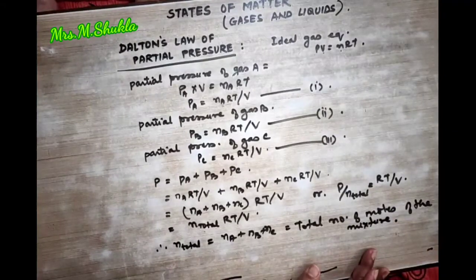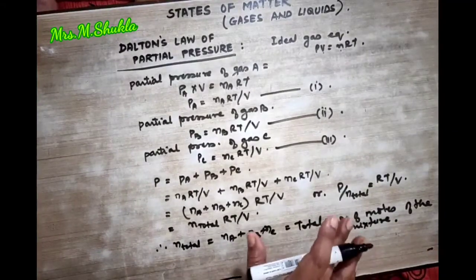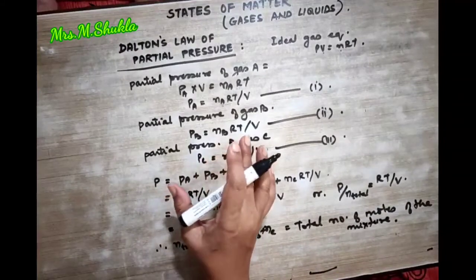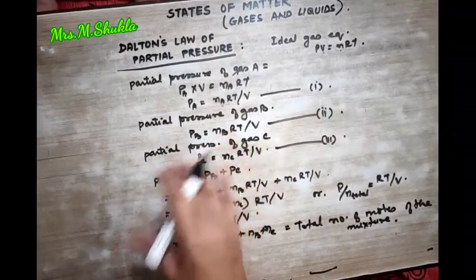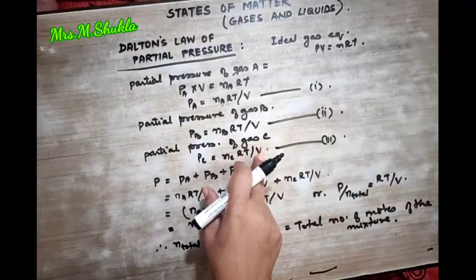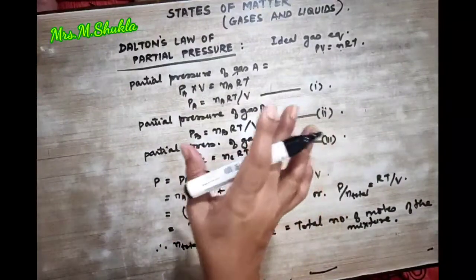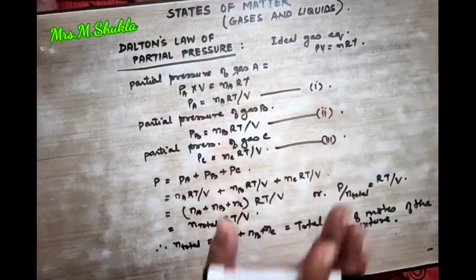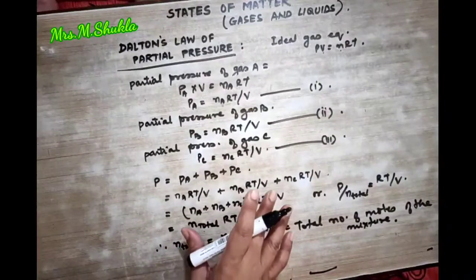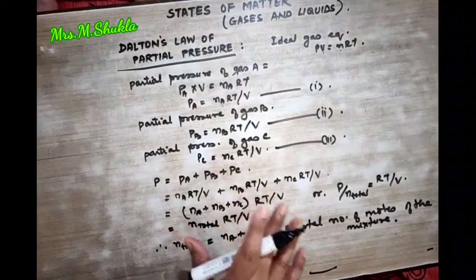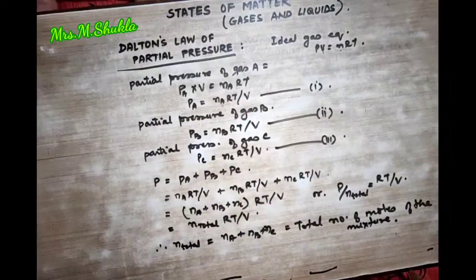Is this very clear to all of you? Now, let us talk about the partial pressure in terms of mole fraction. This was in terms of moles, the number of moles that are present in the container. Now we are going to talk about the partial pressure in terms of mole fraction.